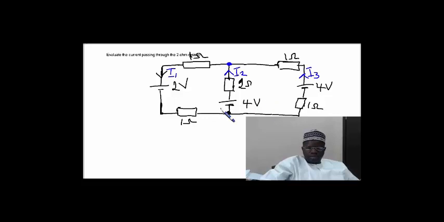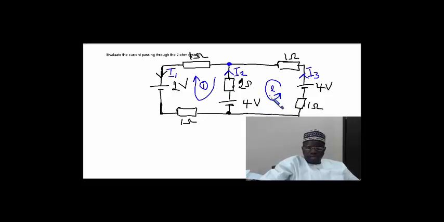And we can see our 2 important loops are, we can take this clockwise as loop 1. If we want, we can take this anti-clockwise as loop 2.